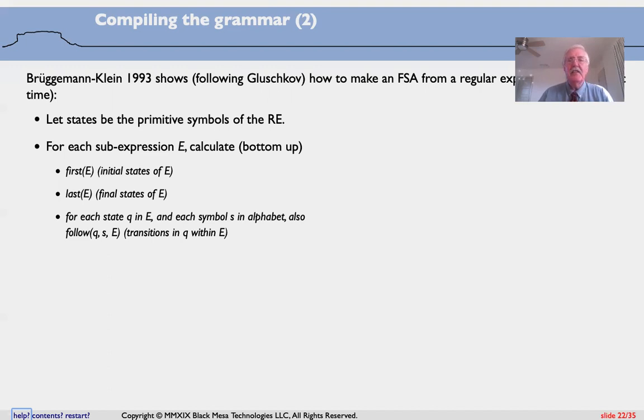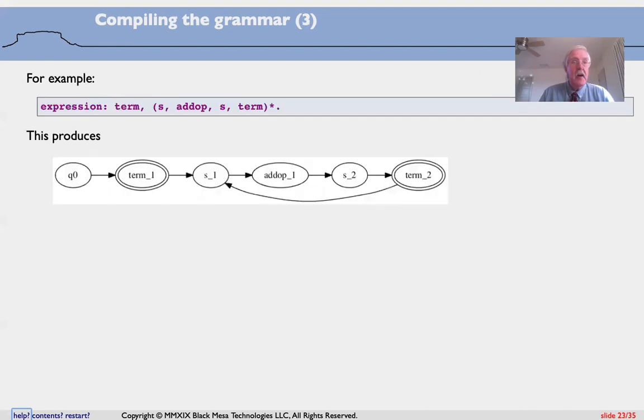The states of the finite state automaton are the basic symbols of the regular expression, and to calculate how to interpret the regular expression as an automaton, she calculates sets of states that can be first or last in any given sub-expression, and what basic expressions can follow what other basic expressions.